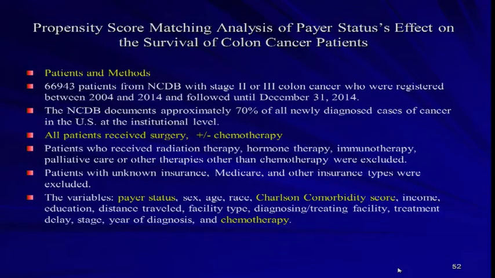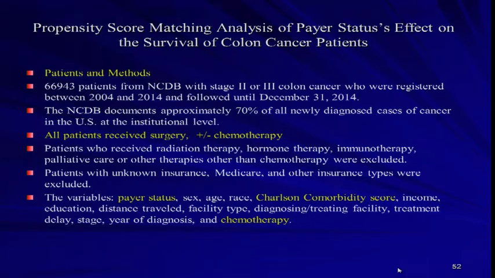Because it's hard to say, if you have private insurance, let's randomize you to here or there. But instead, in statistics, we use a propensity score matching method to simulate a study from the retrospective database, to see whether we can balance a lot of factors to assess the payer status effect.